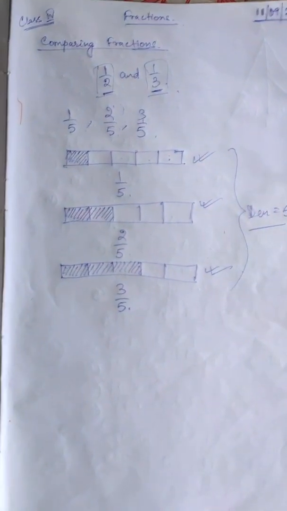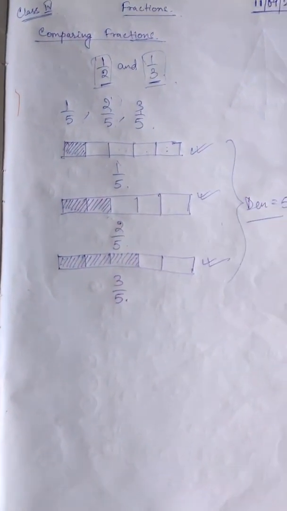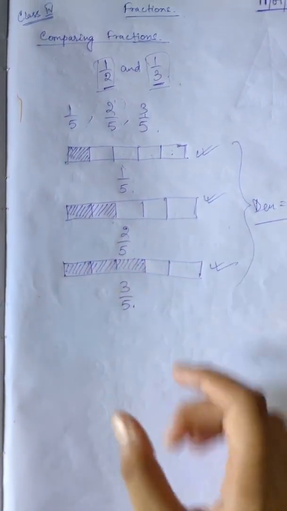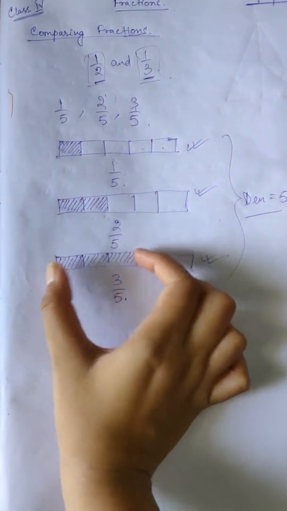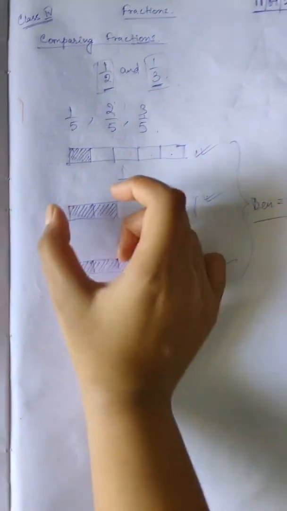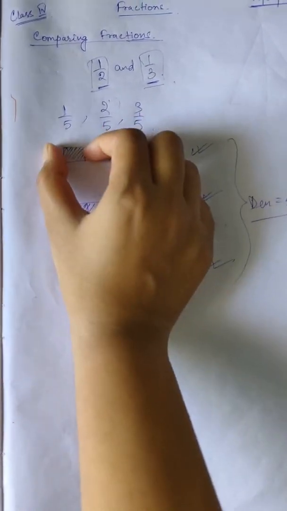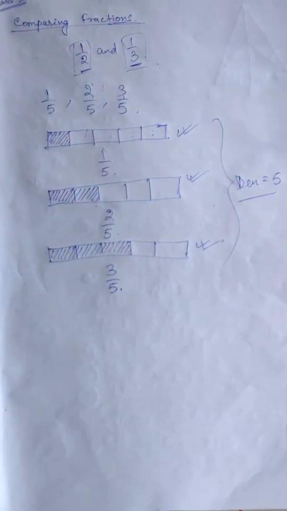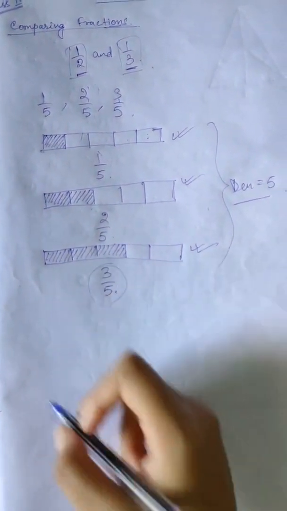Clearly, by these three pictures, this one represents more parts, isn't it? This part is more than this part, so this is greater than this. Also this is greater than the first part. So within these three fractions the greatest fraction is 3 by 5.